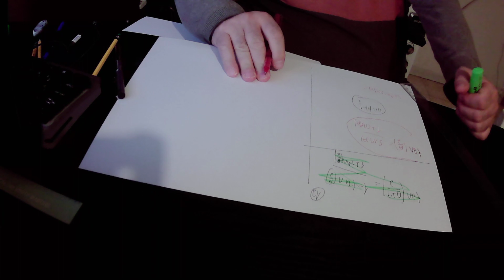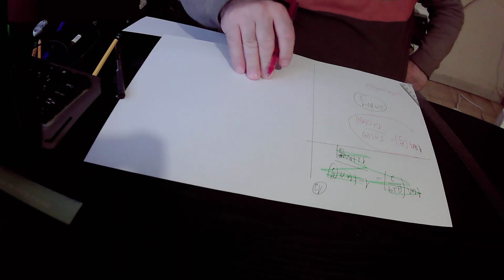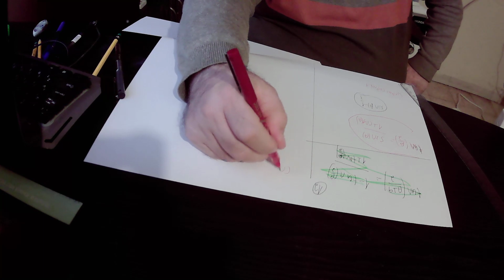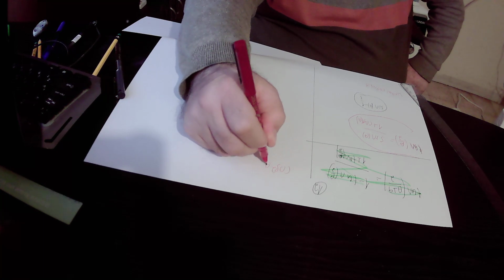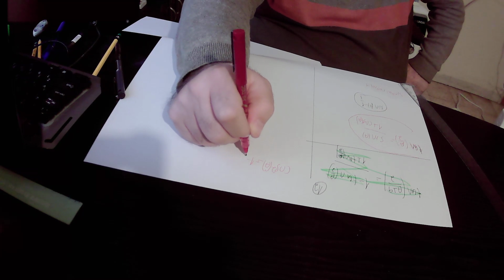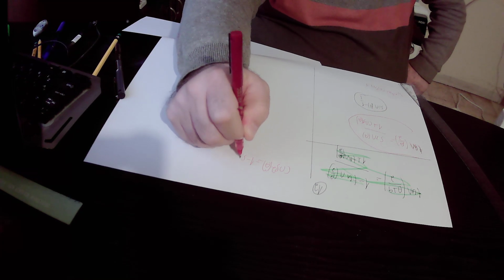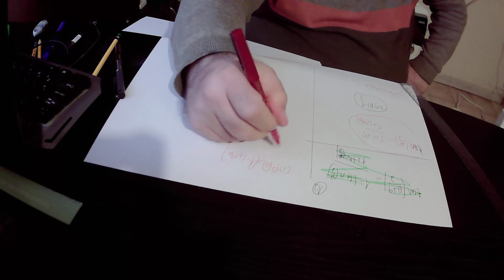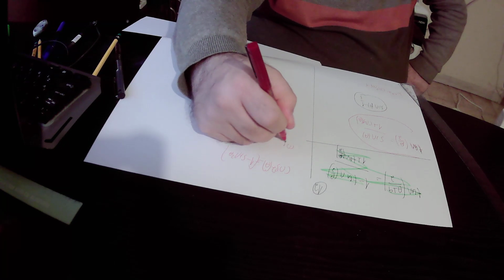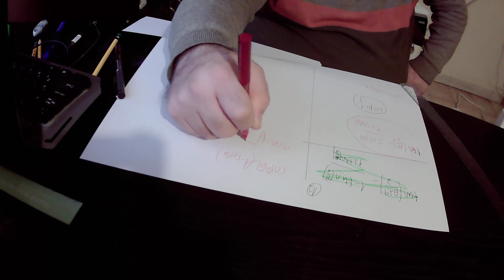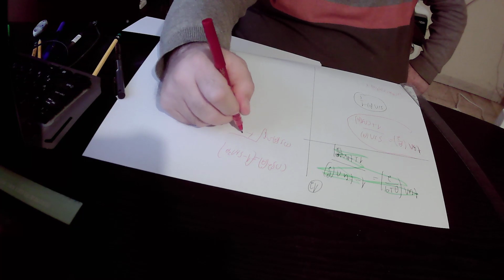We will subtract sine square theta, and we get that cosine square theta equals 1 minus sine square theta. We'll take a root out of this equation, and we'll get that cosine theta is equal to the square root of 1 minus sine square theta.